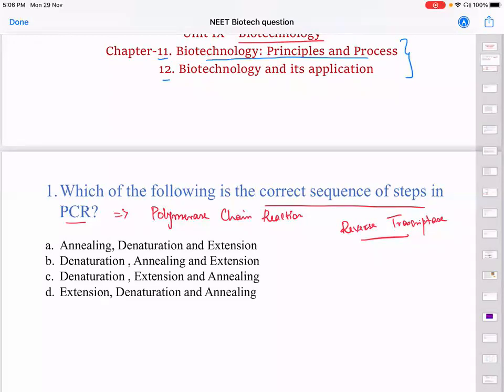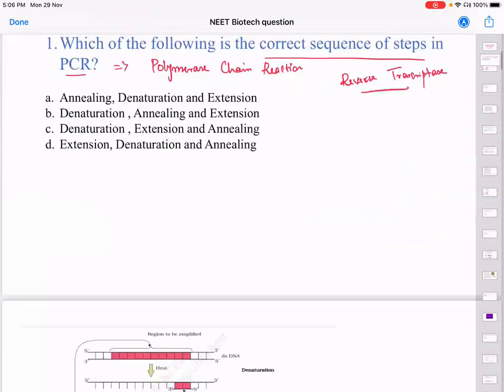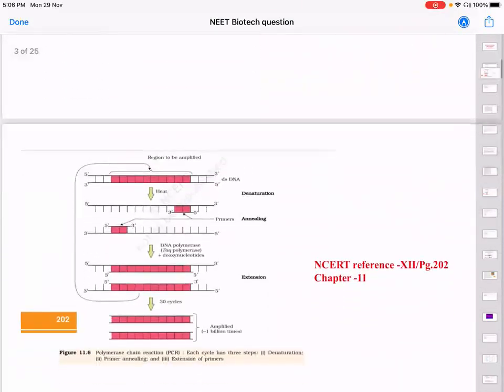Coming to PCR, it is actually an amplification reaction with three different steps. I think you have got the picture here. The picture says that there is a denaturation step, an annealing step, and an extension step.